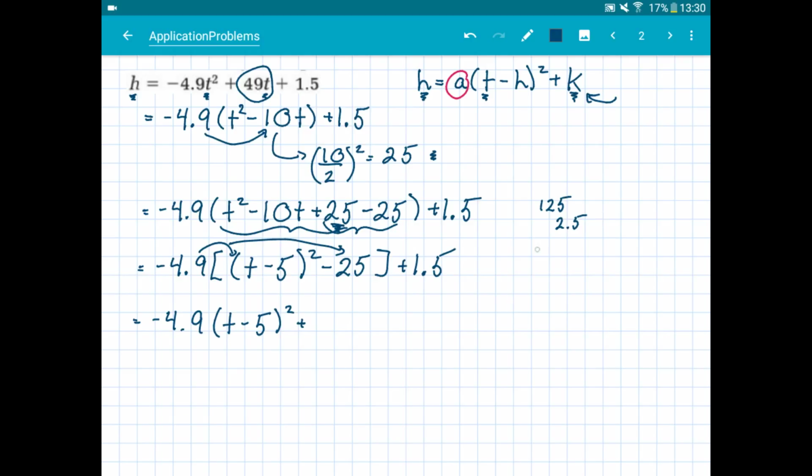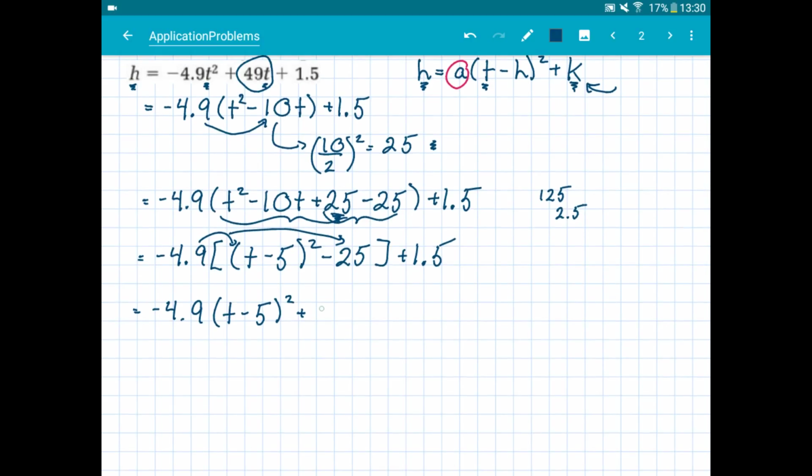Okay, so when you do the subtraction there, you get plus 122.5, and we still have to add 1.5. So altogether, minus 4.9 (t minus 5) all squared, plus 124.